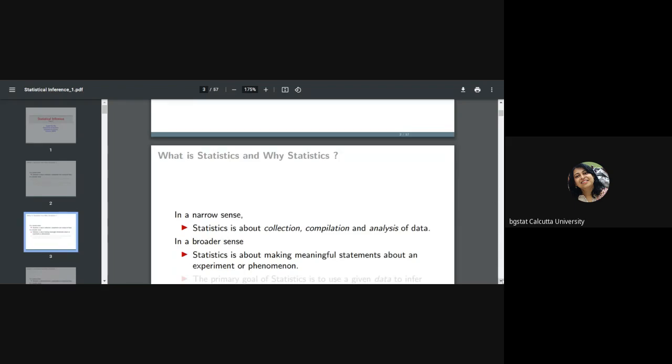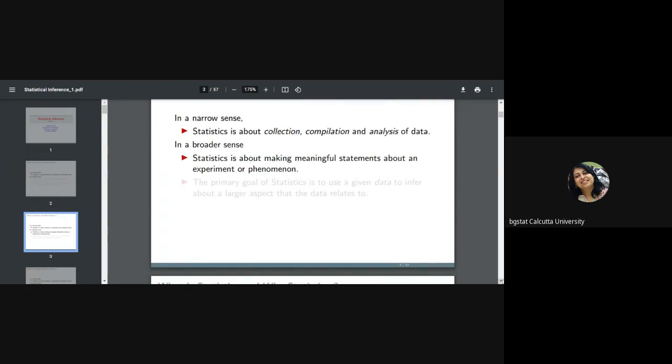So this is a narrow definition of statistics. A broader definition is that we want to make a meaningful statement about an experiment or a phenomenon. Now, these words, experiment, phenomenon, they're all used in a particular sense in statistics. And for that, we need to understand some basic concepts.